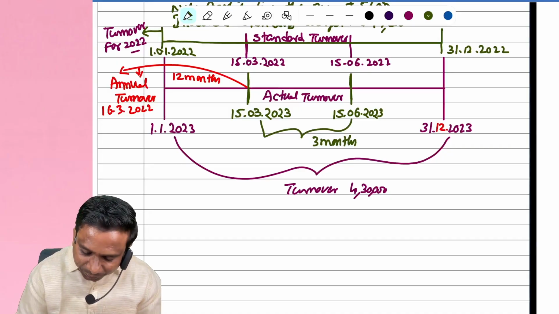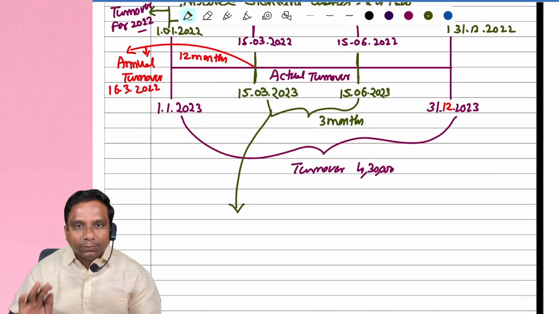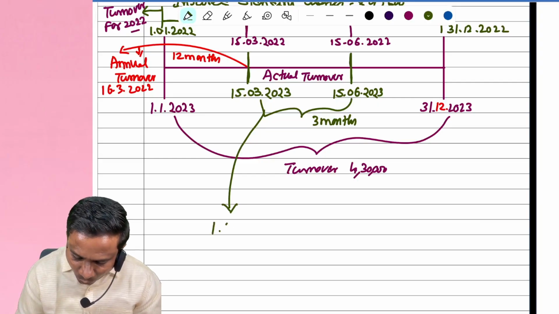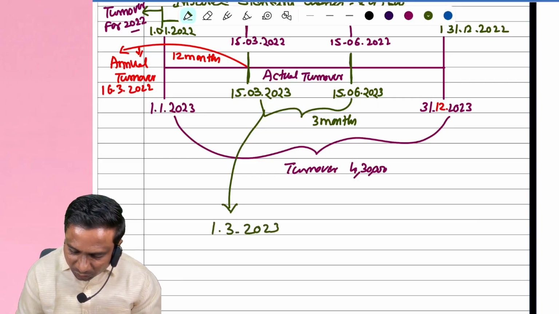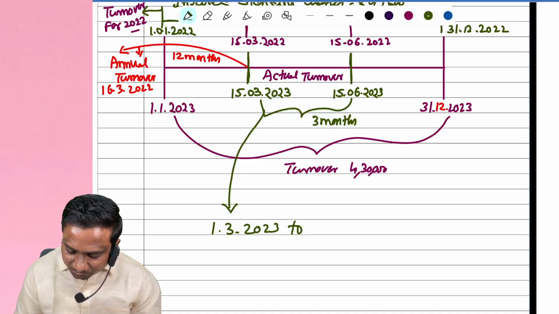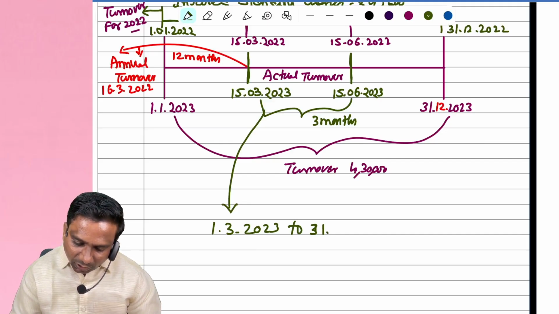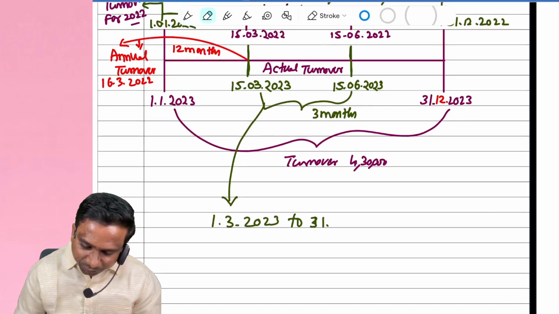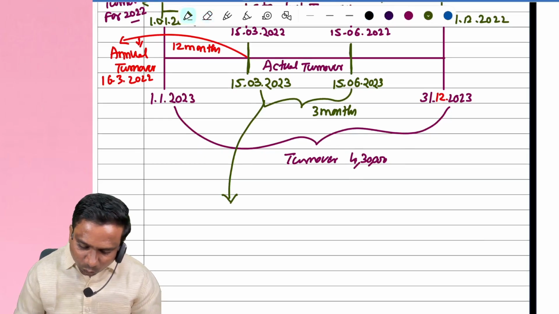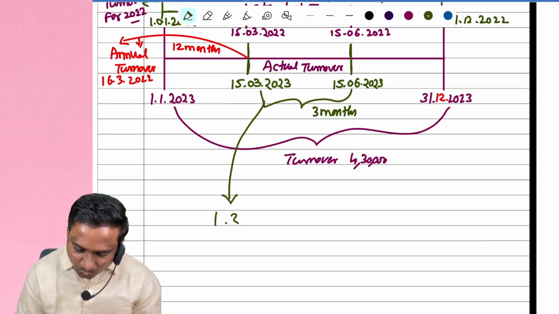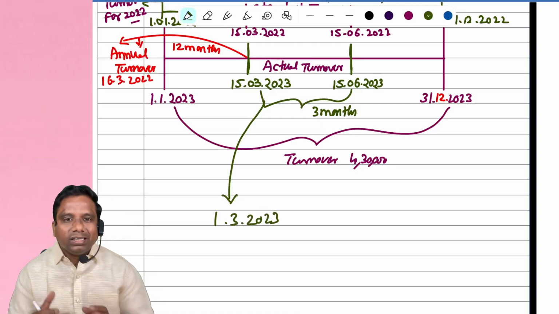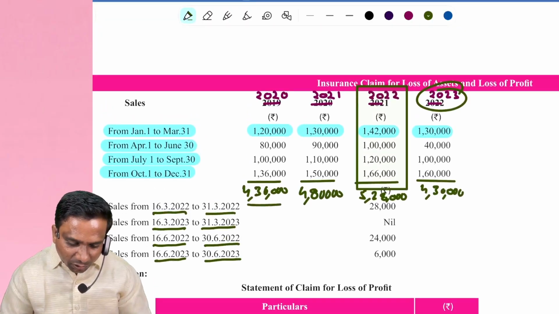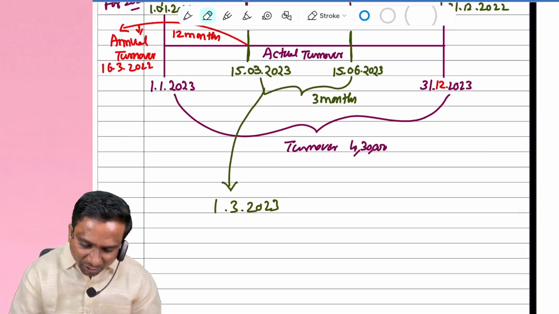Observe. How do I calculate this? So first I will take the 1/3/2023 quarter and calculate.